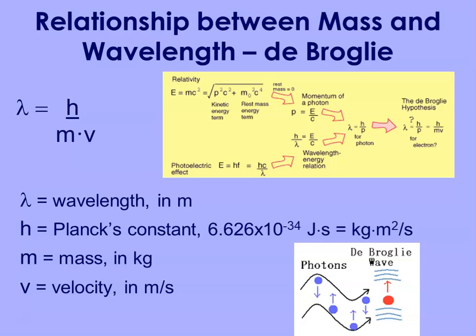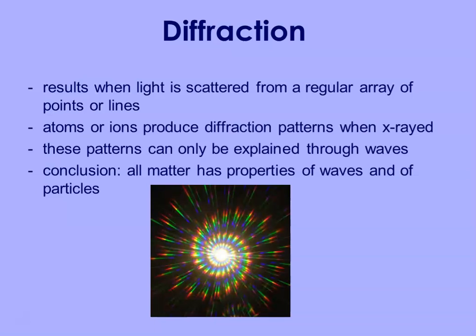And that wavelength would be equal to Planck's constant over the mass in kilograms times the speed at which those particles are traveling, the velocity. And so with that information in mind, we can relate wavelength now to mass or to velocity.